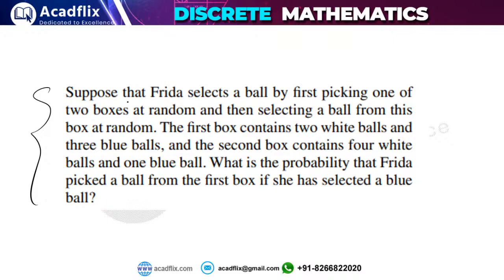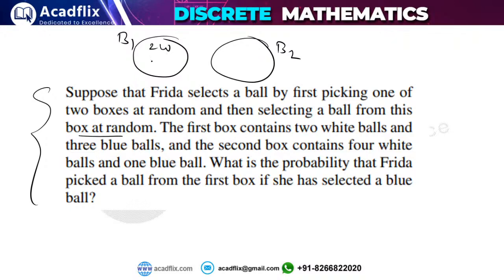He is saying, suppose that Frida selects a ball by first picking one of the two boxes. So you have two boxes, one box is B1, another box is B2. First she picks a box at random, then selects a ball from the box at random. The first box contains 2 white balls and 3 blue balls.